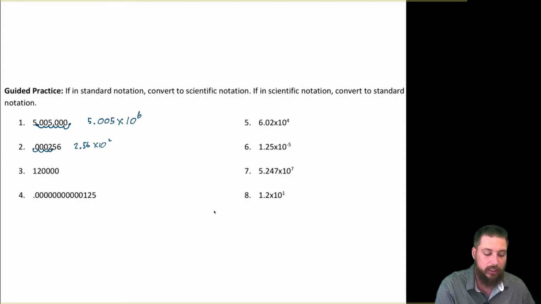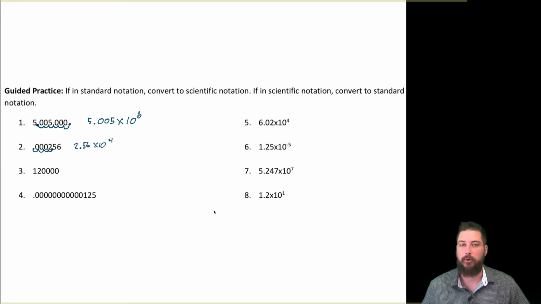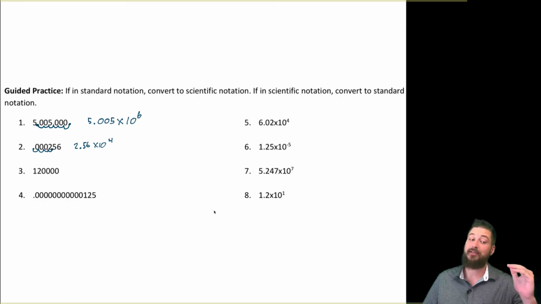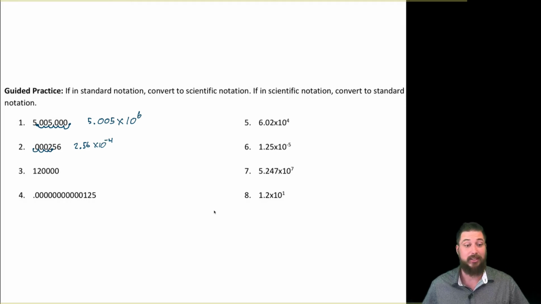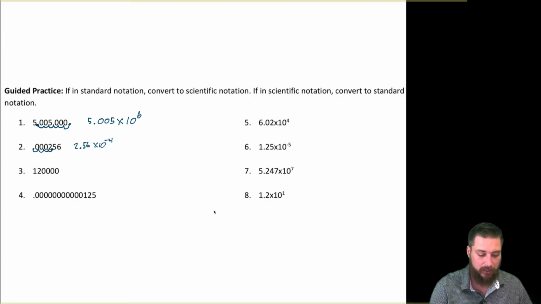Now, is this a positive or negative 4? Well, again, this is going to be a small number. This is a very small number, and because we moved the decimal to the right, it's going to be a negative 4. So small numbers are going to give us negative exponents. Now, something I do want to state is that just because it's a negative exponent doesn't mean it's a negative number. It's definitely not a negative number. It's just a very small number.